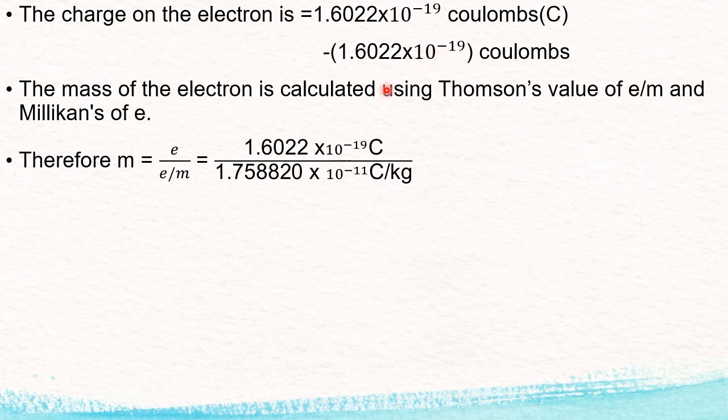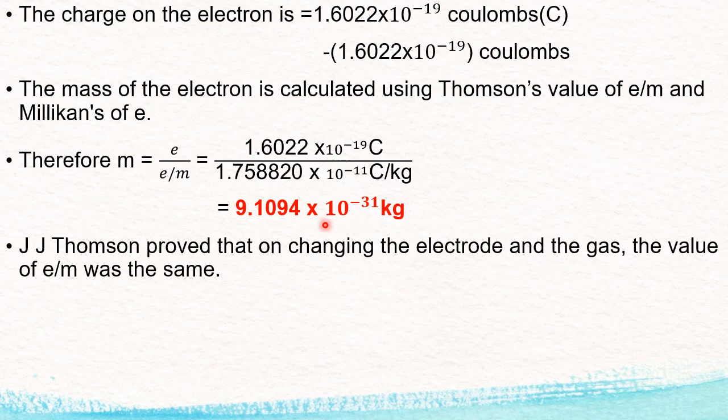Using the e by m value from Thomson, he calculated the mass of the electron, which comes out to be 9.1094 times 10 to the power minus 31 kilogram, which is very small, but it is there. And one more point he concluded. J. J. Thomson proved that on changing the electrode and the gas, the value of e by m was constant or the same.